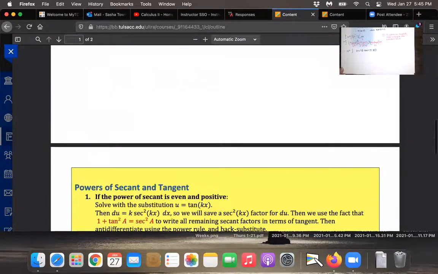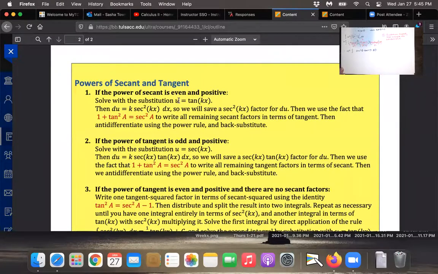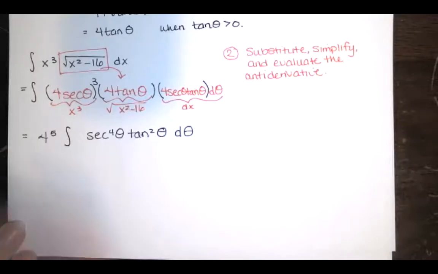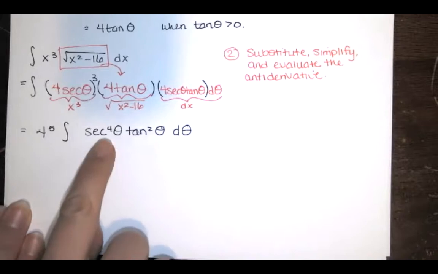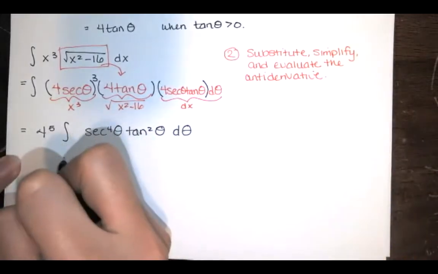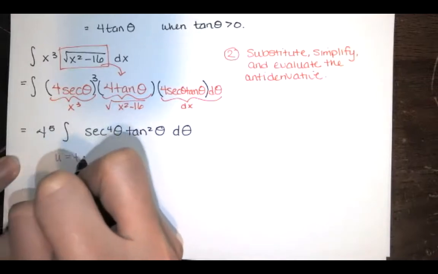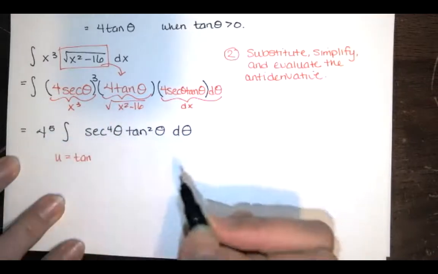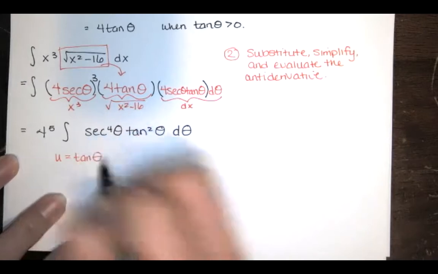So I'll go to my guidelines, and look, the first one tells us what to do. If the power of secant is even and positive, let u equal tangent of kx. And the power of secant is 4. That's even and it's positive. So we're going to let u equal tangent of whatever our angle is. In this case, our angle is theta.